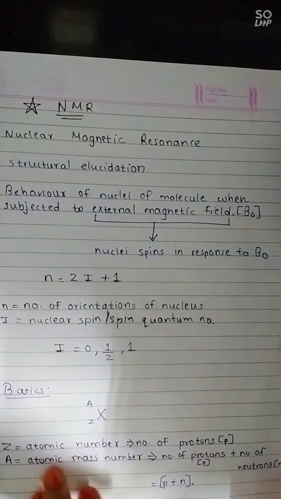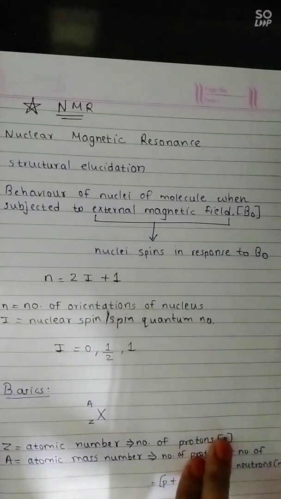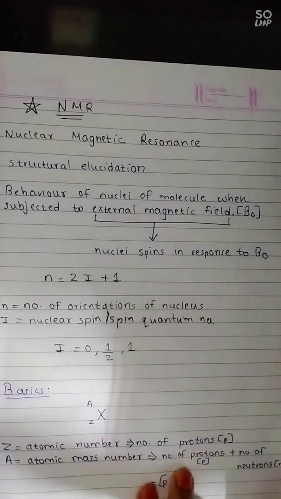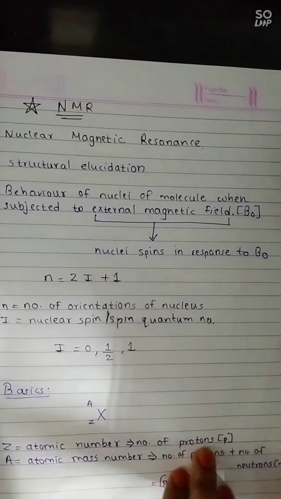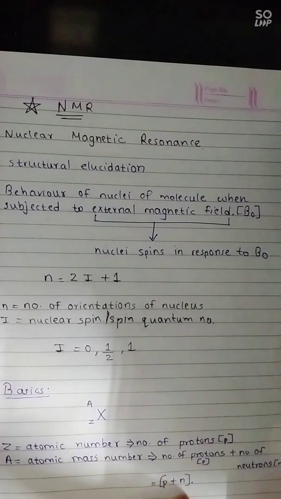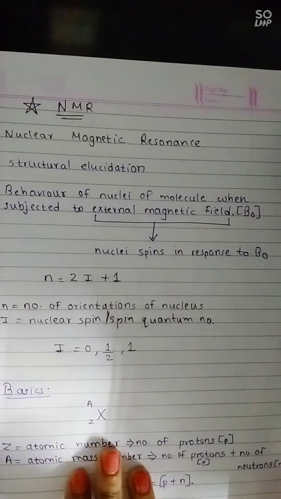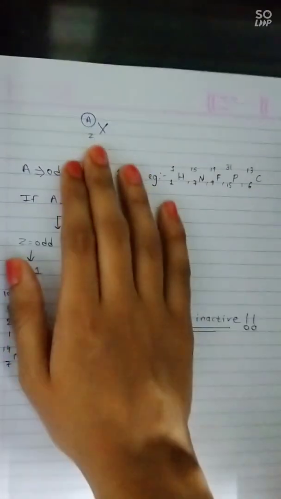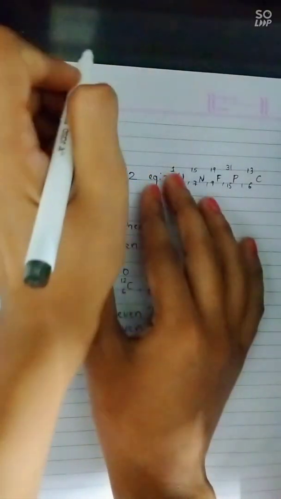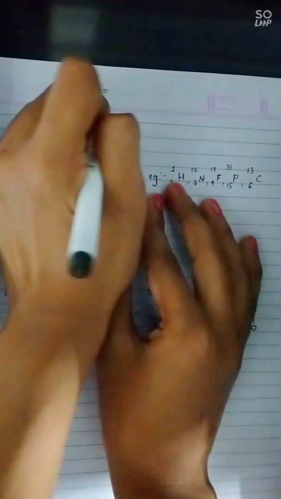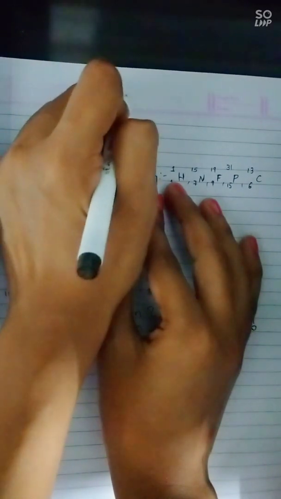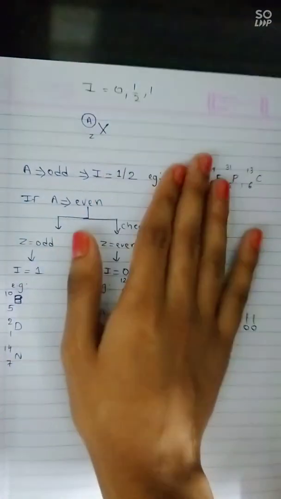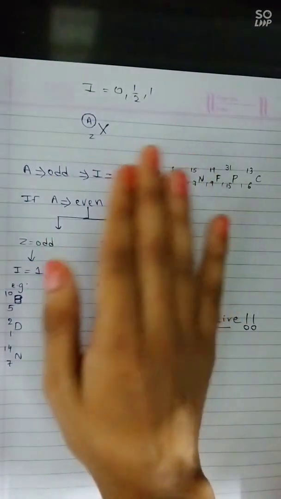Z is the number of protons, which is P. And A is the summation of protons plus neutrons, that is, the number of protons plus the number of neutrons, P plus N, which is the atomic mass number. Now, we want to determine the value of I. We know that there could possibly be three values of I: it could be 0, it could be half, or it could be 1.